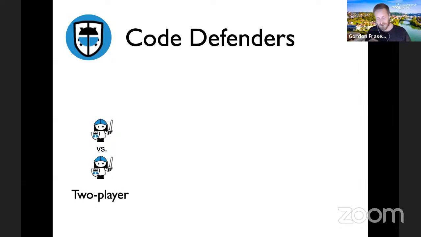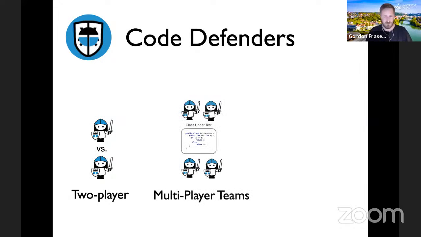Initially, we started off with Code Defenders as a turn-based game. So we had two players, one being an attacker, one being a defender, taking turns. We extended this because the waiting times are a bit inconvenient in a classroom setting. We extended this to a multiplayer version, which we're mainly using currently, where you have teams of attackers versus teams of defenders.